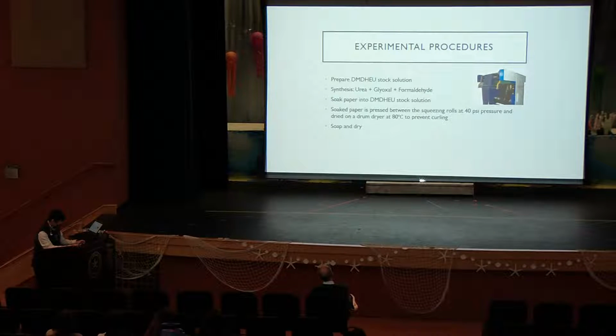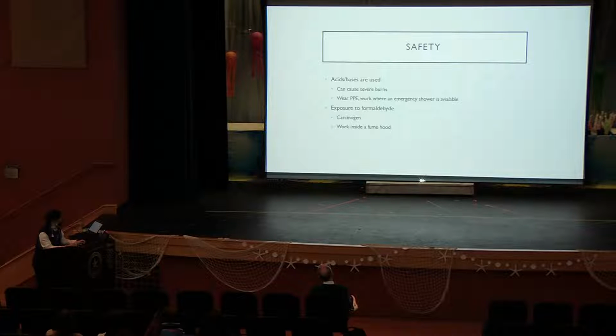But anyway, even if we are not going to do it, it's still important to look into the safety. Because acids and bases are used and they can cause severe burns, you definitely want to use the personal protective equipment indicated on the safety sheet of the specific acid and base you are using. You really don't want to get this stuff into your eyes or whatever.